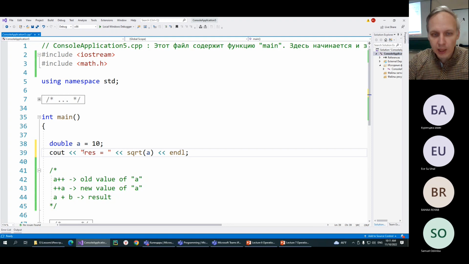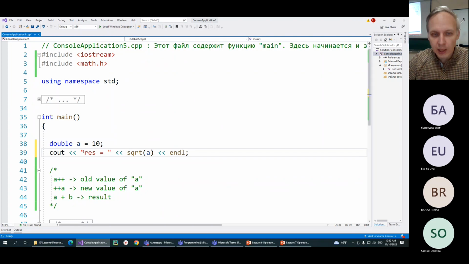Of course, I ask not about the precise value, but can it be 1? No. But what is the value of the square root of 10?